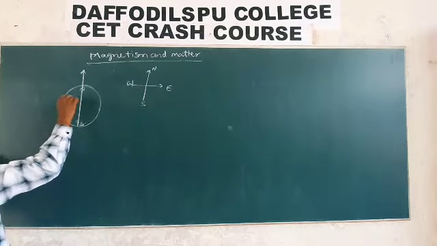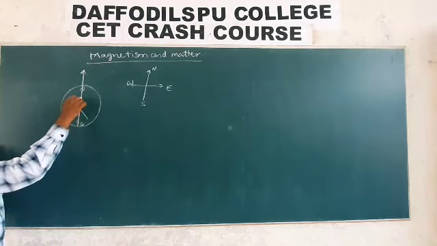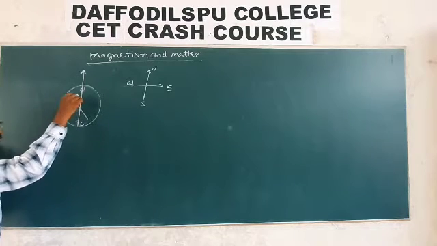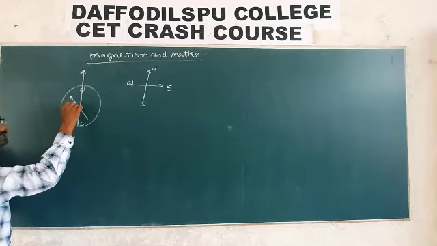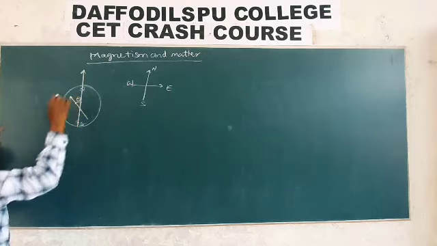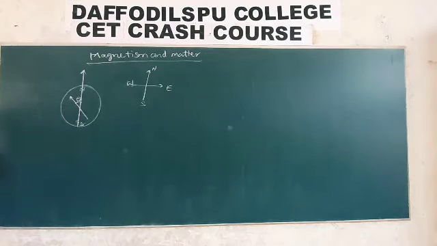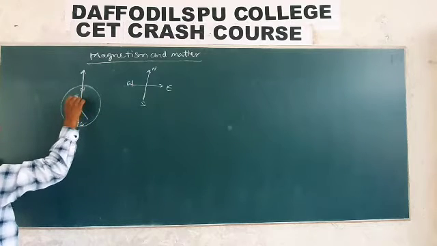Similarly, when we take a bar magnet or a magnetic needle suspended in the earth's magnetic field, the angle between the geographic meridian and the magnetic meridian is called declination, theta.